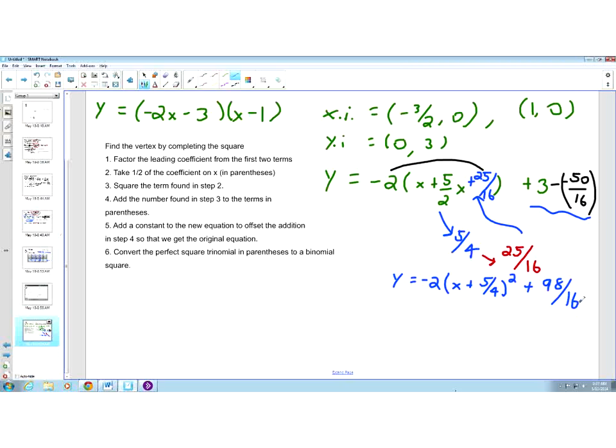I guess you call this the standard form. Perhaps, I can't remember the exact term, the standard form expression for the parabola.